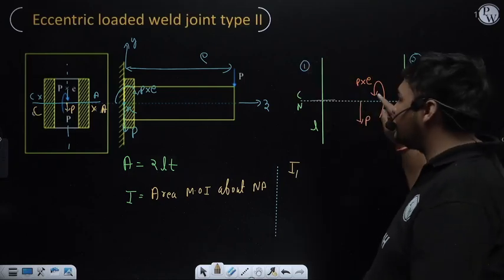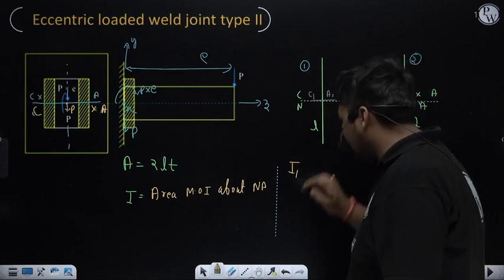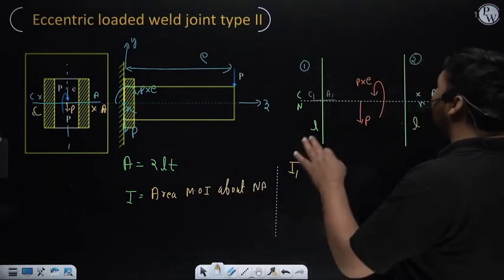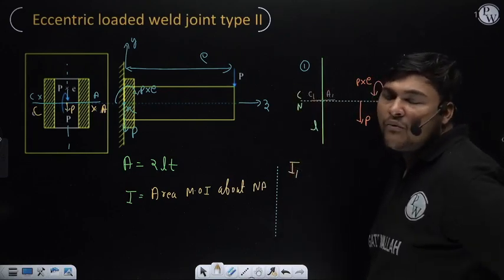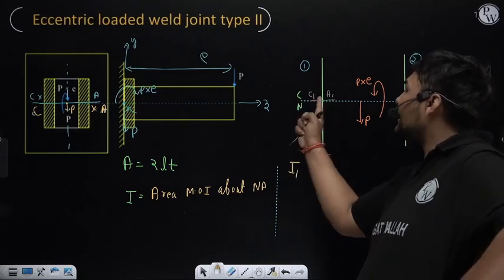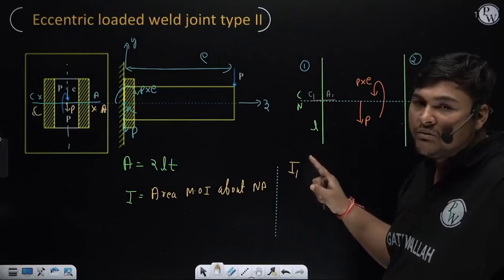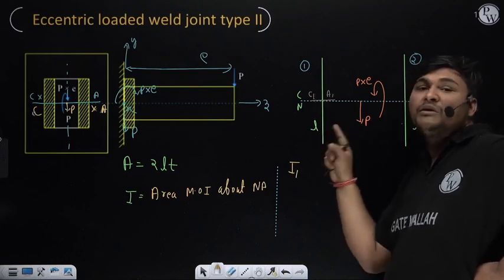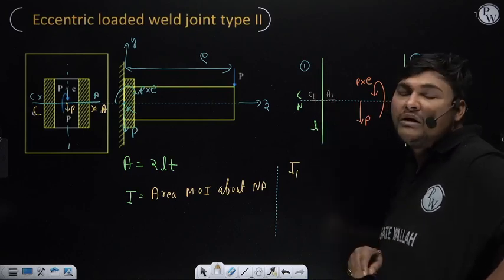Suppose this line is C1A1. The formula will be BH cube by 12. B is the dimension parallel to C1A1, which is the thickness of this weld, T, and H is the dimension perpendicular to C1A1, which is the length of this weld, L.